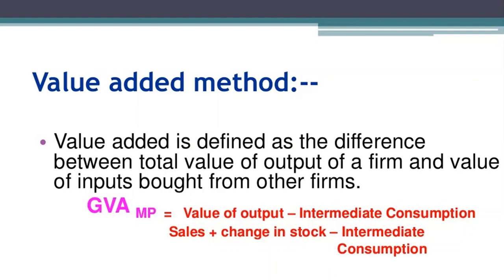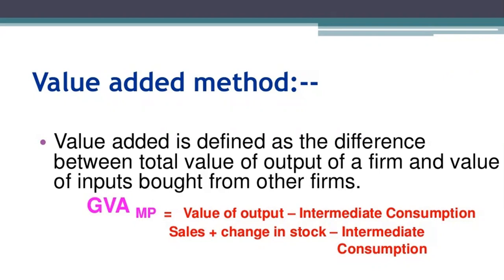Suppose a baker needs flour to produce bread in his bakery. So he purchases flour as an input worth rupees 500 from the miller, and then by virtue of productive activities converts the flour into bread, and it is sold for 700. So what happened?